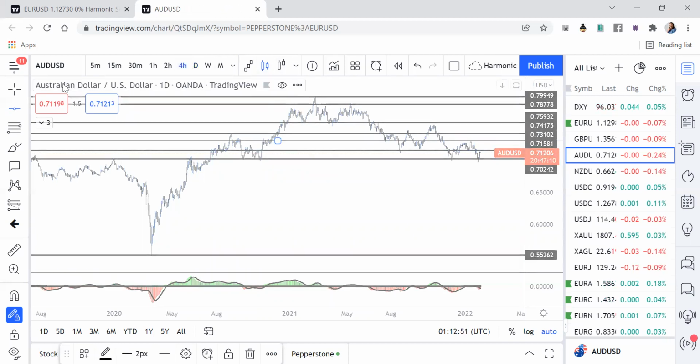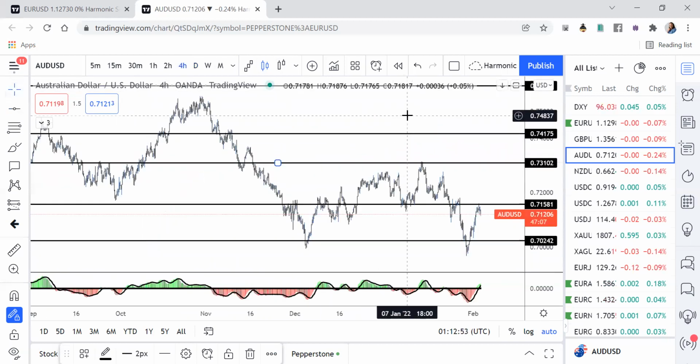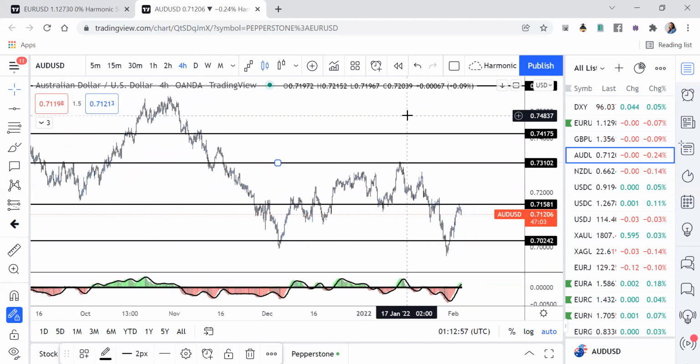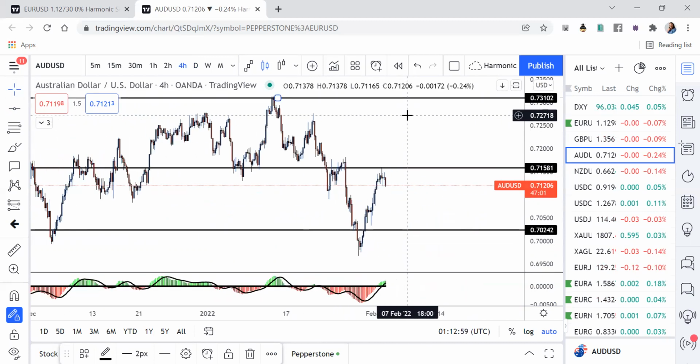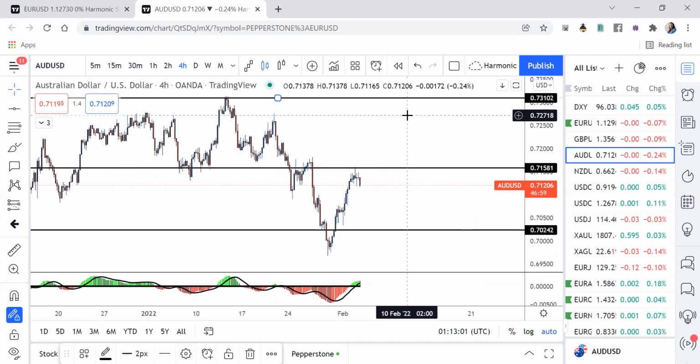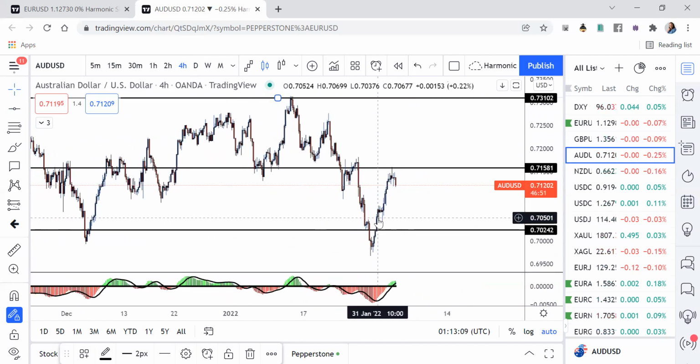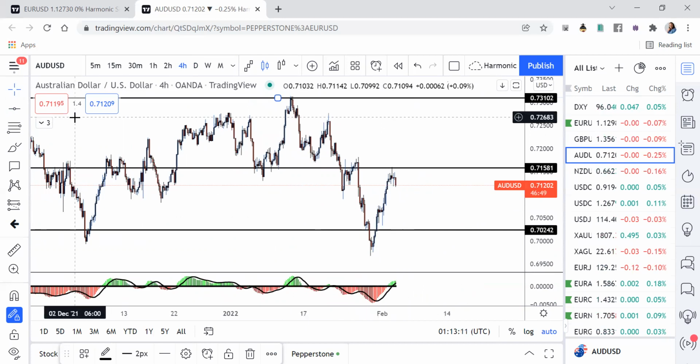All right, so 4-hour time frame. So 4-hour time frame looks to me as if we filled in everything, which is good. We have two things happening here.